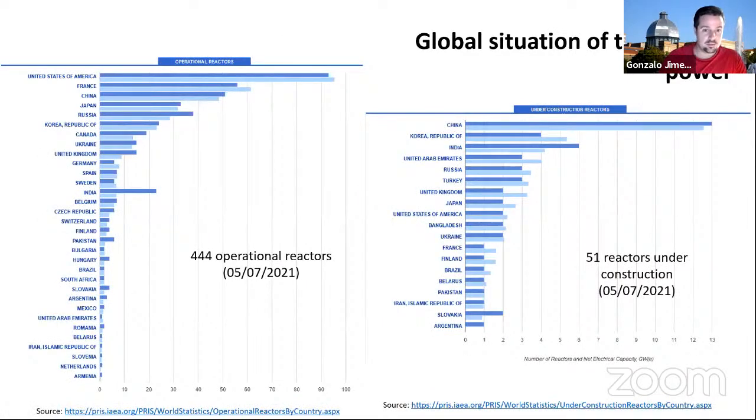Well, the first thing is what is the global situation of nuclear power around the world. I checked it 2 or 3 days ago. We have 444 operational reactors around the world, and at the same time we have 51 reactors under construction.